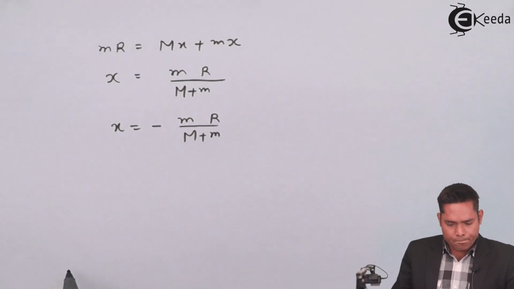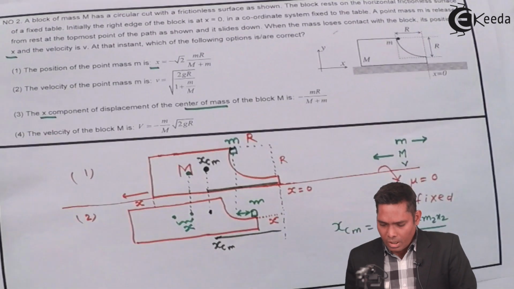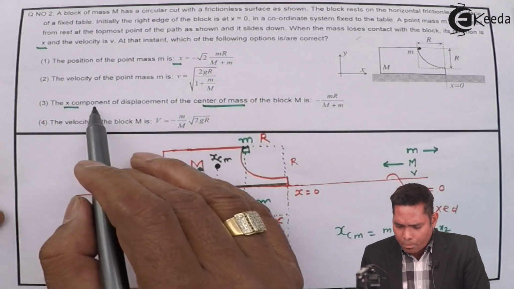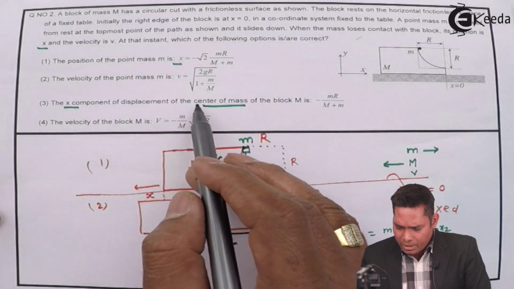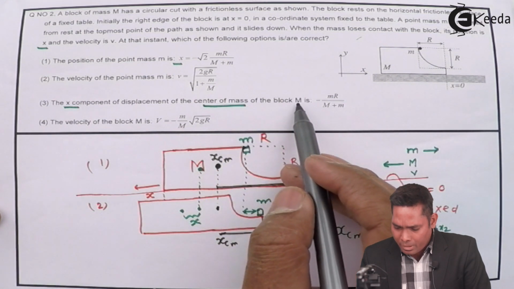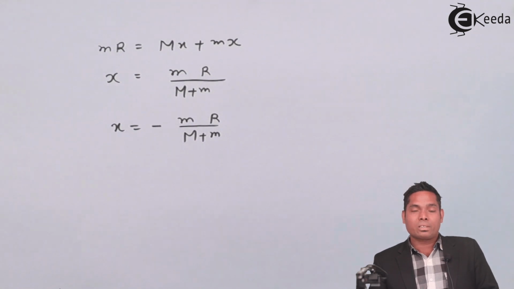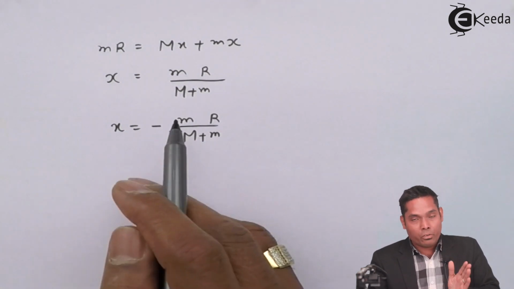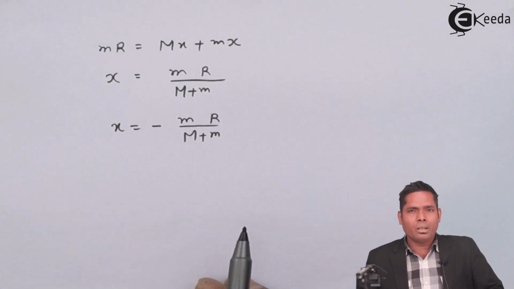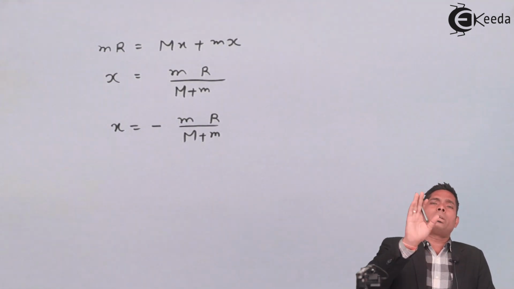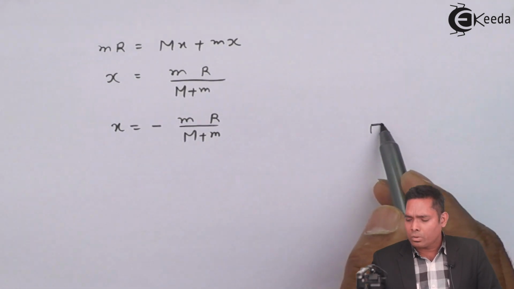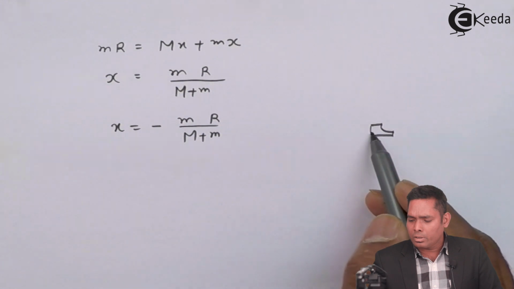So if I see the option, the x component of the displacement of center of mass of the block M is, because the block is moving towards left by x, the x component, and obviously it has to be x component only, because the block is not moving in y direction, the block is only moving in this direction.